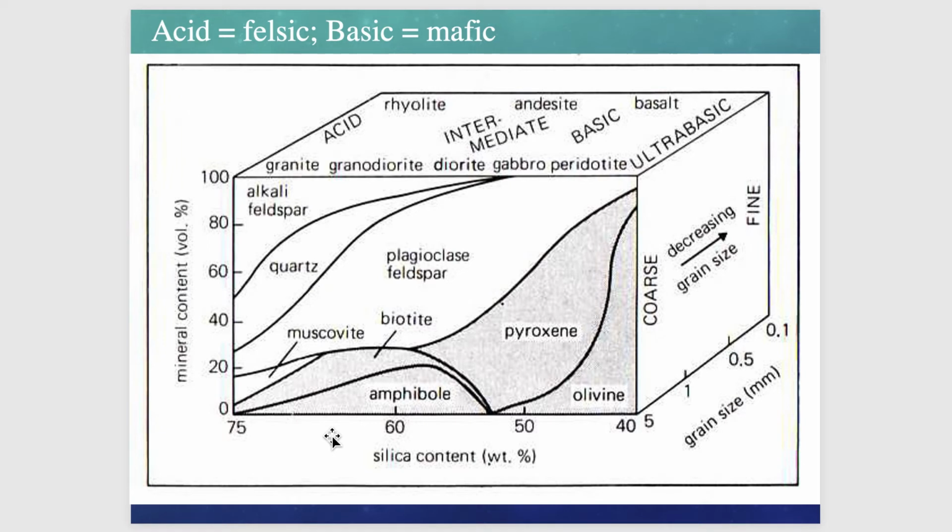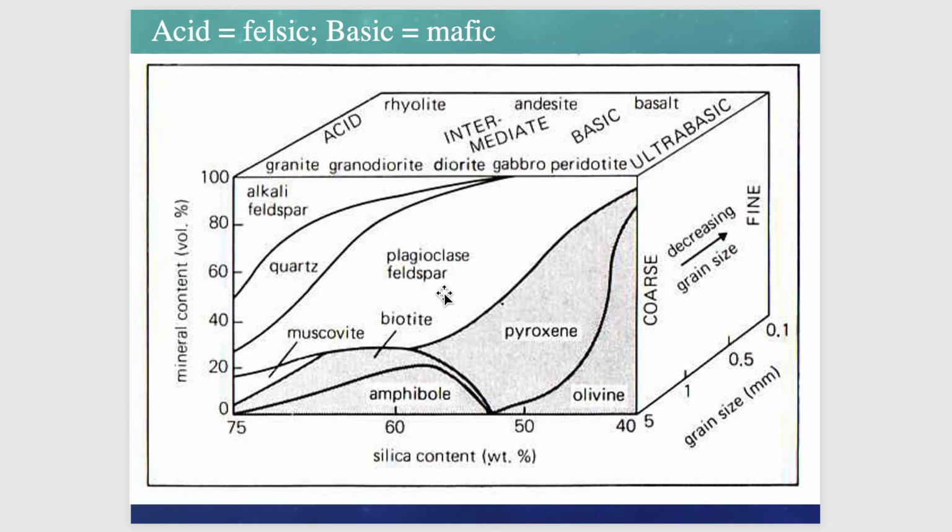Then we have the existence of muscovite and biotite. If you can detect in a rock muscovite and biotite, you have quite a bit of silica because of the association to quartz. So you can see the volume of quartz, how it drops progressively, and it's actually leading the way to an increase in volume of plagioclase feldspar.